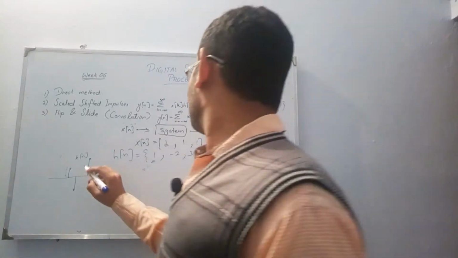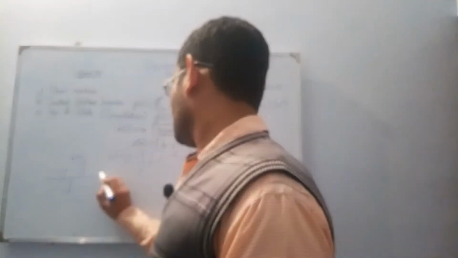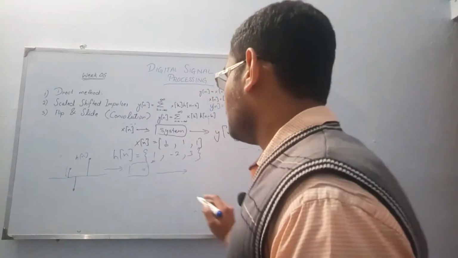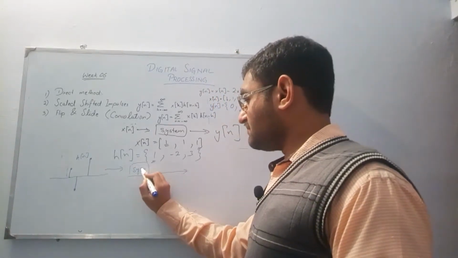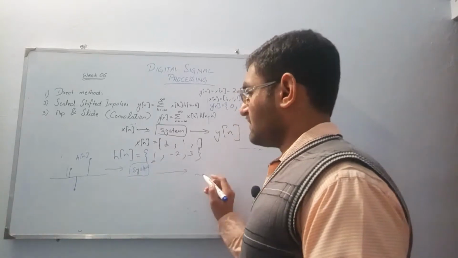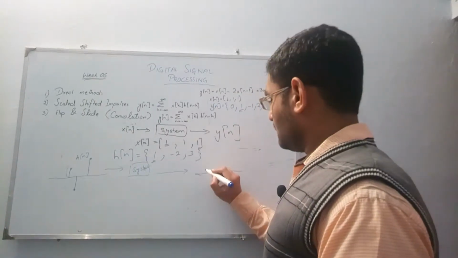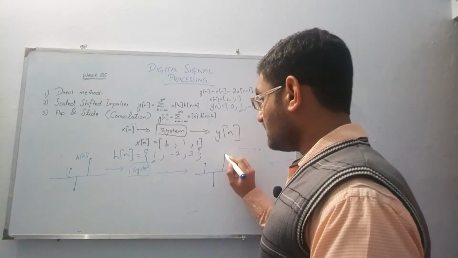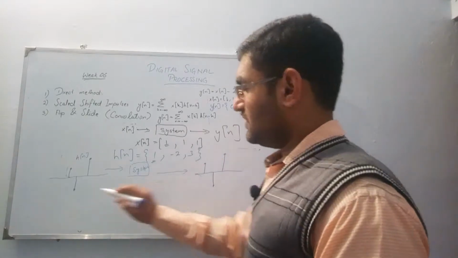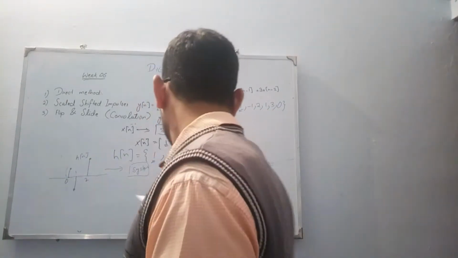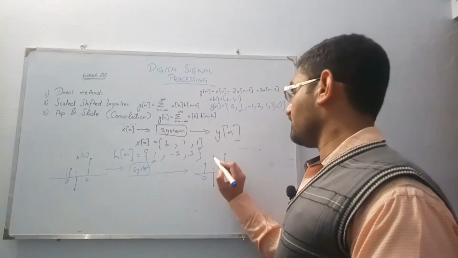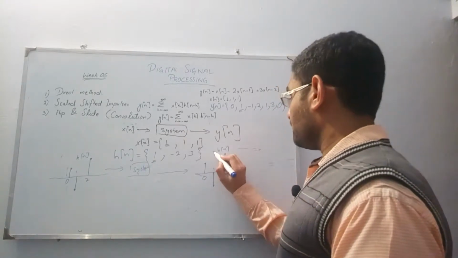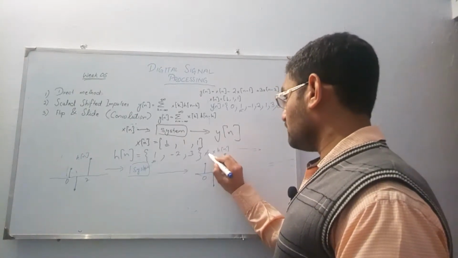So in this method, first it will pass through the system and be multiplied by the amplitude of the first index of the input signal.